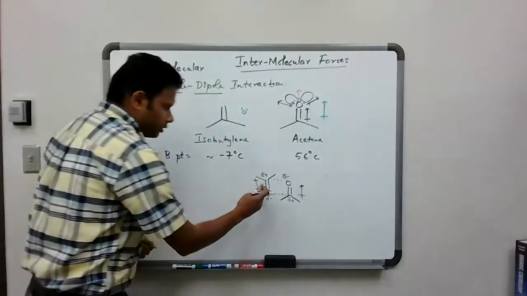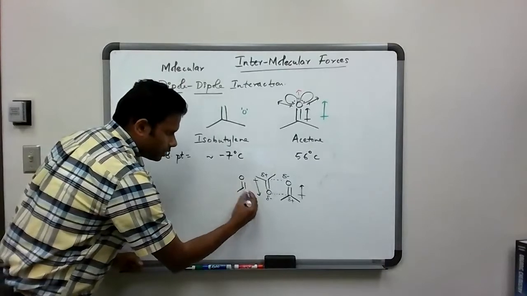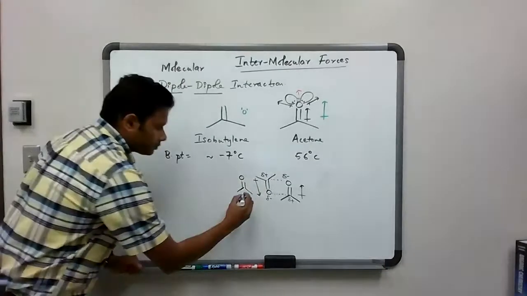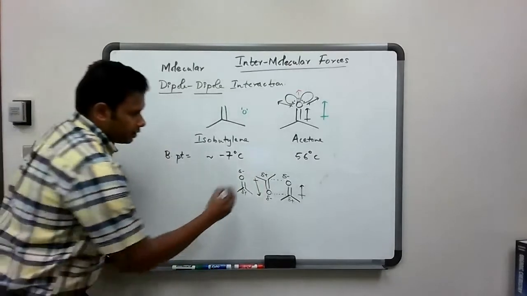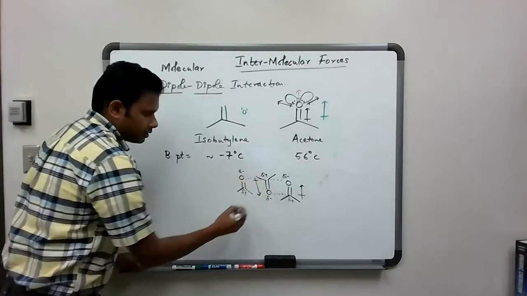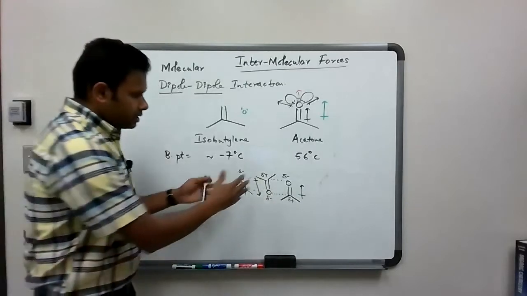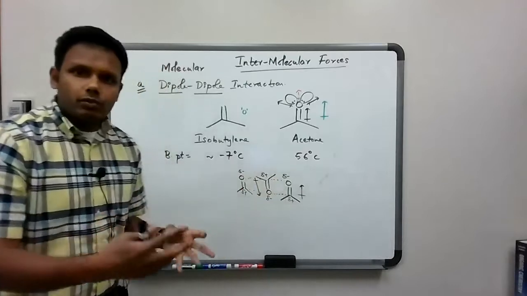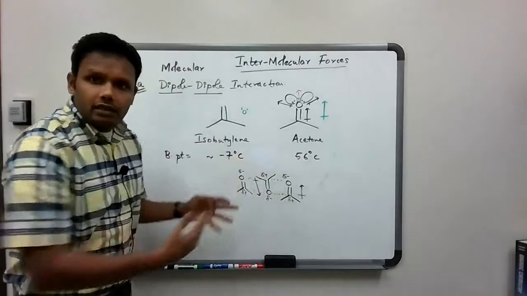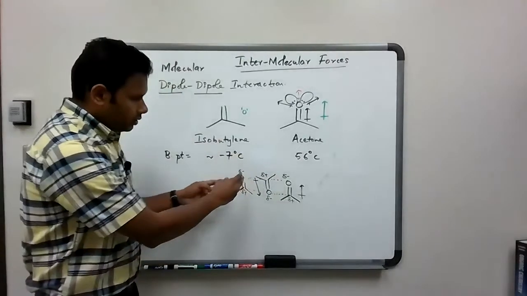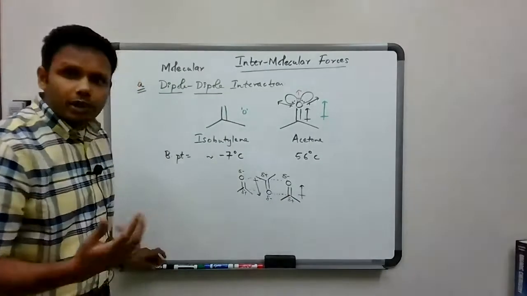And how would the next acetone molecule align itself? It's going to come and align itself like this. So there will be del positive and there's going to be a del negative, so that this del negative can attract that del positive and the del positive can be attracted to that del negative. So basically we develop a network of acetone molecules where they align themselves such that the opposite charges are next to each other and then they attract each other.